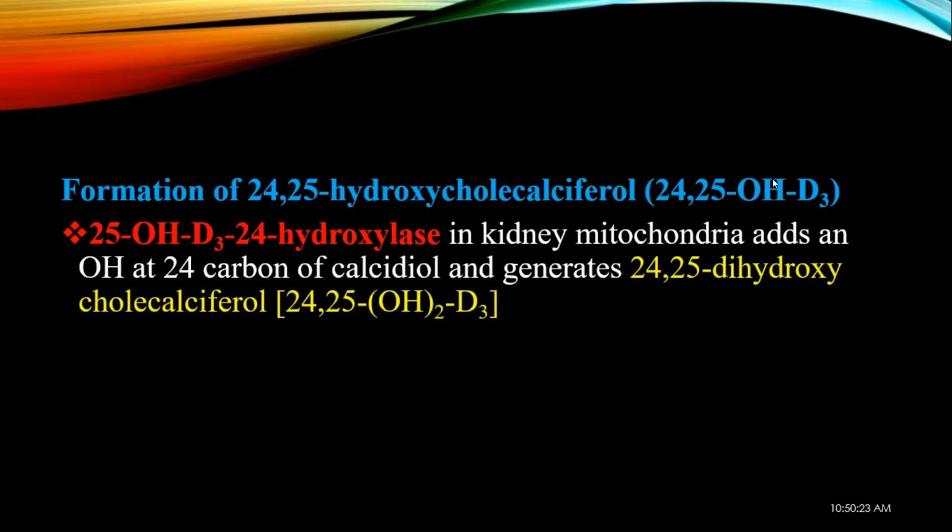These tubular mitochondrial cells, apart from 1 alpha hydroxylase, also contain another enzyme called 24 hydroxylase. And this 24 hydroxylase inserts a hydroxyl group on the 24th carbon of 25 hydroxycholecalciferol to form 24,25 dihydroxycholecalciferol.